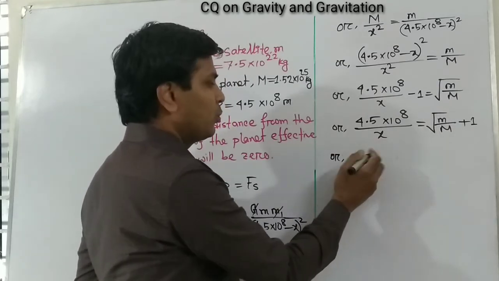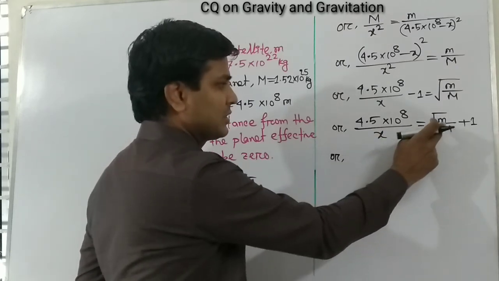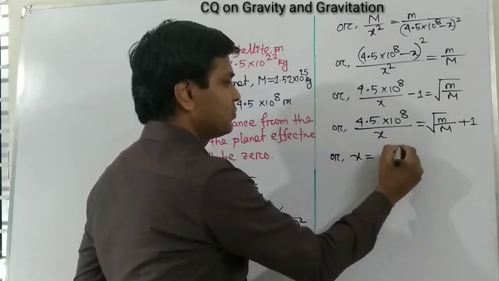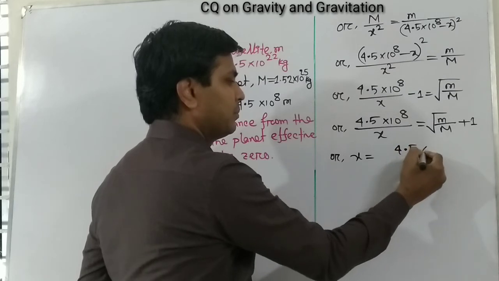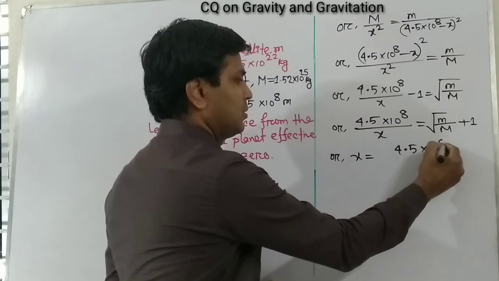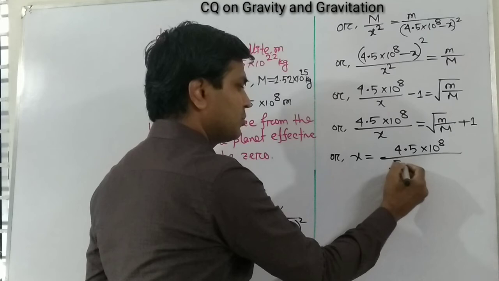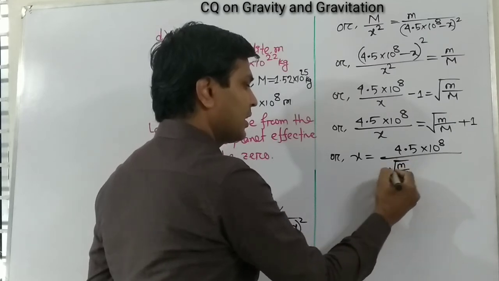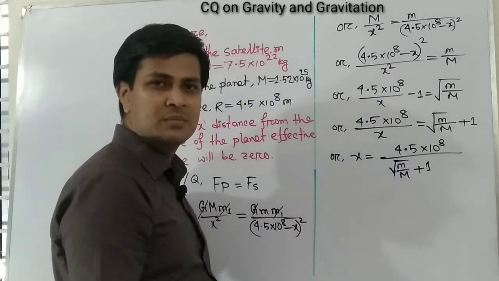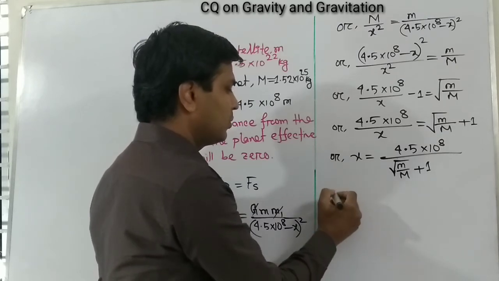Now, by changing the position of x, we can write x equal to 4.5 into 10 to the power 8 divided by root over small m by capital M plus 1.